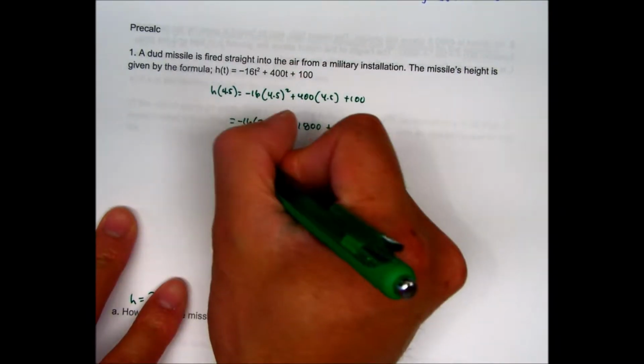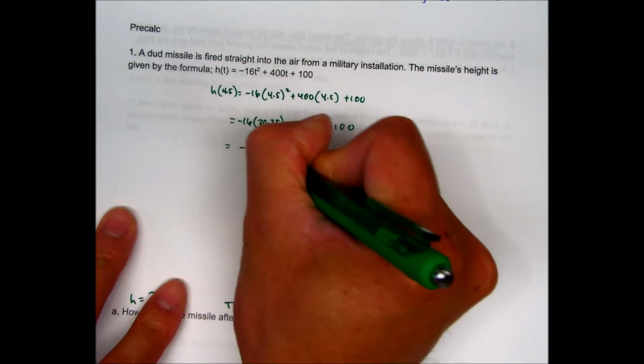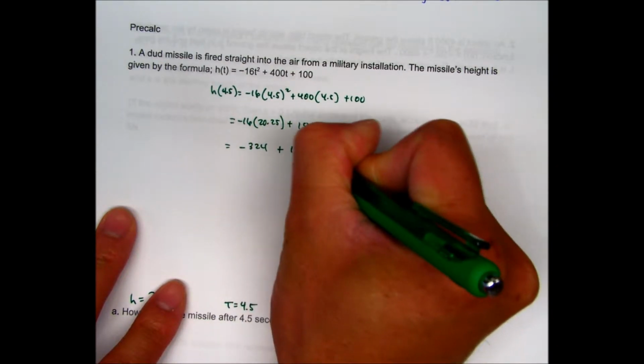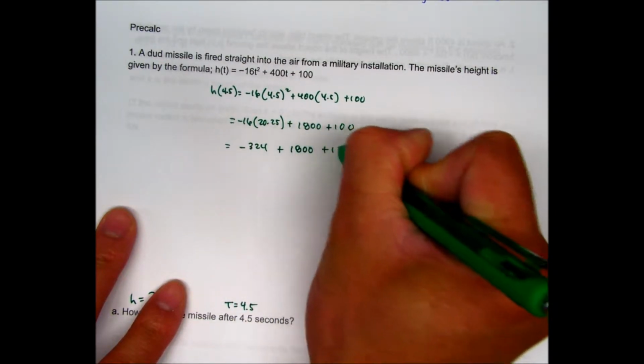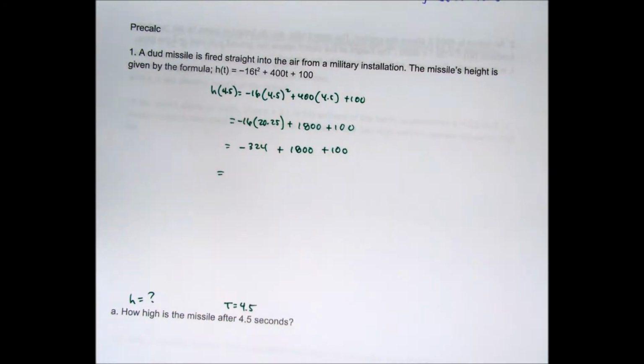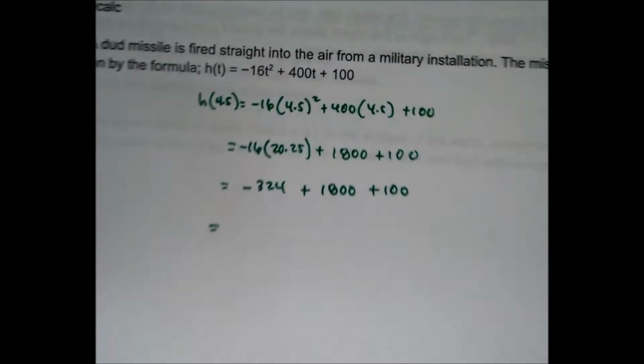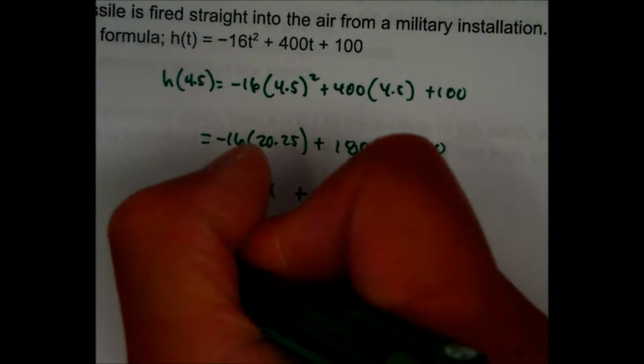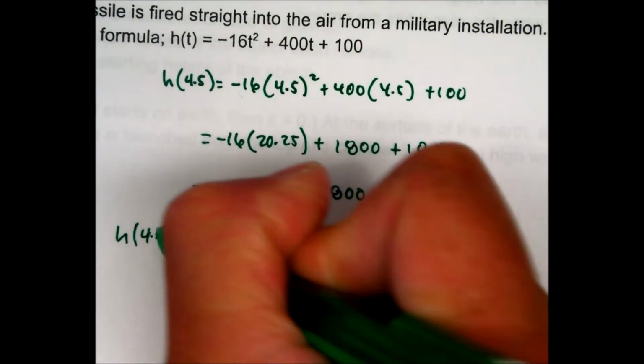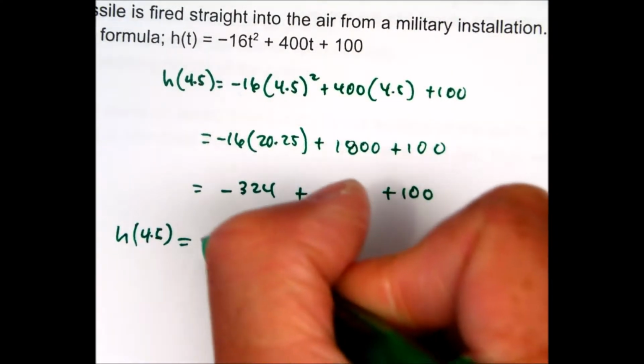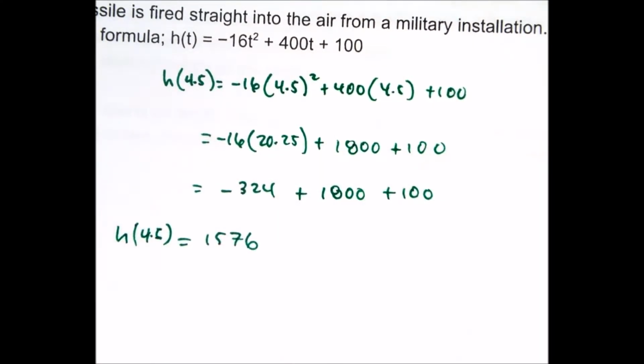And if I multiply those values, I got negative 324. So after 4.5 seconds, my height is 1,576.